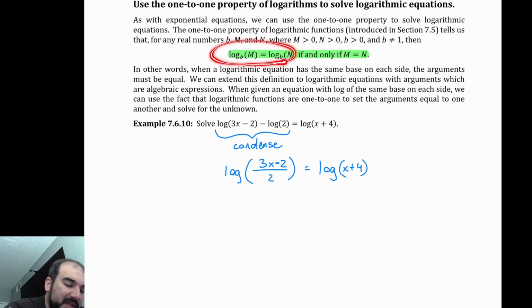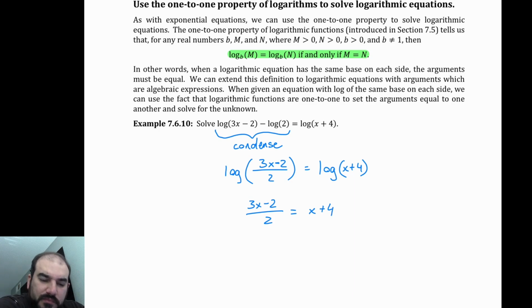Now I have something that looks like the one-to-one property for logarithms. I just have a single log on both sides, which means these insides must be the same. So we get rid of the logs and say 3x minus 2 divided by 2 must equal x plus 4. Now we can go back to what we know about algebra to solve this.